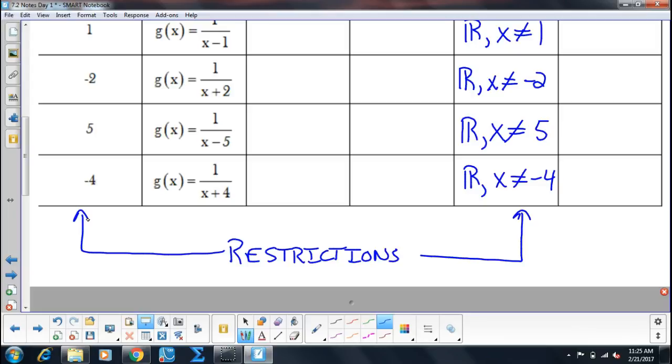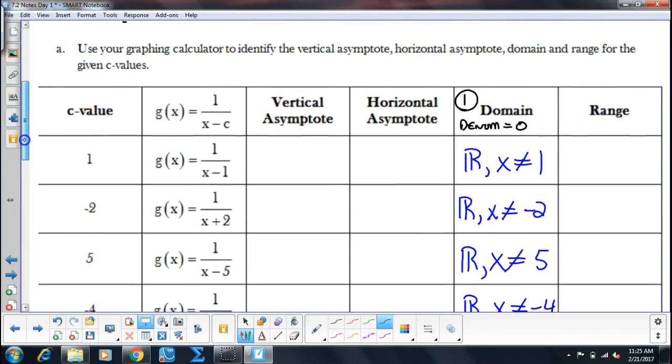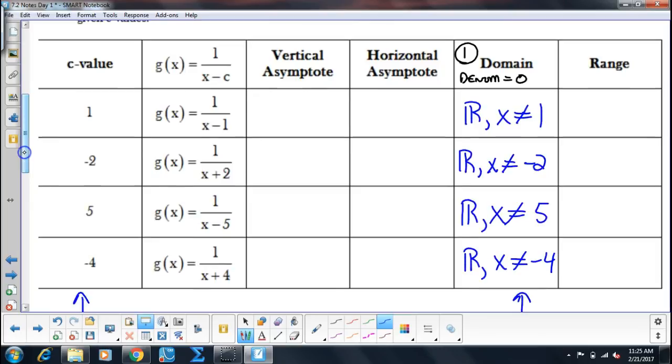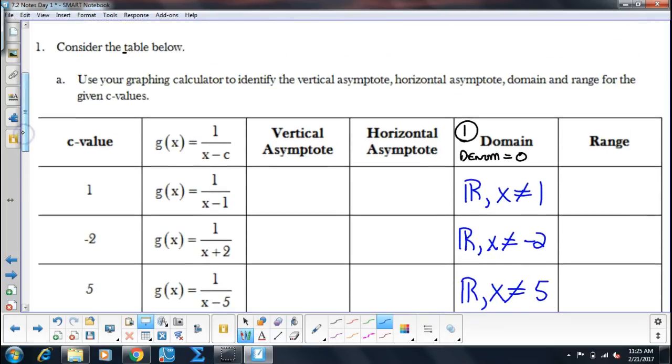Okay. What would the next thing that you find be? Vertical asymptotes. Where do the vertical asymptotes come from? Domain. They come from the restrictions of your domain, right?